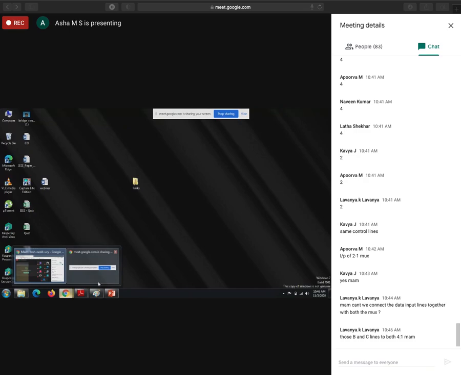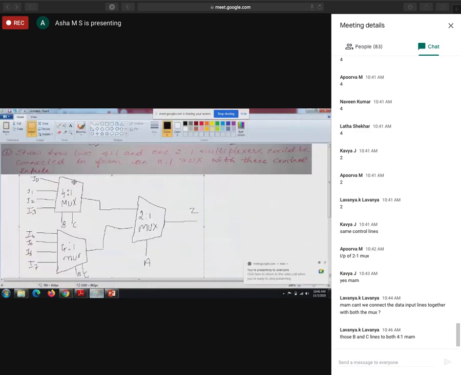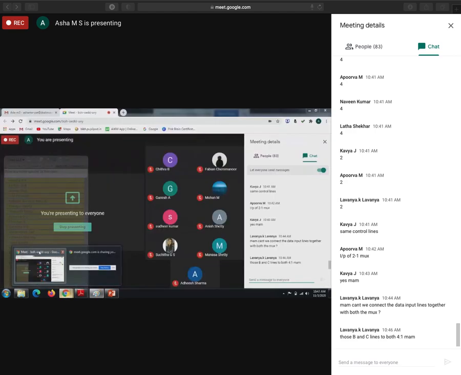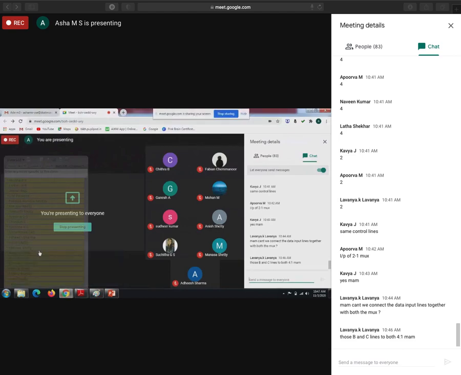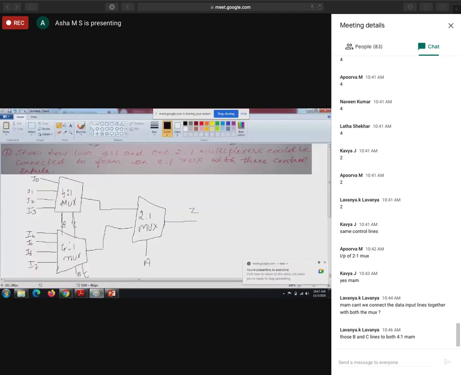Usually it's like ICs, right? An IC will have separate control lines, and you will have data input lines, and control lines. So you have to make the connection, right? I think you are asking like this, isn't it?